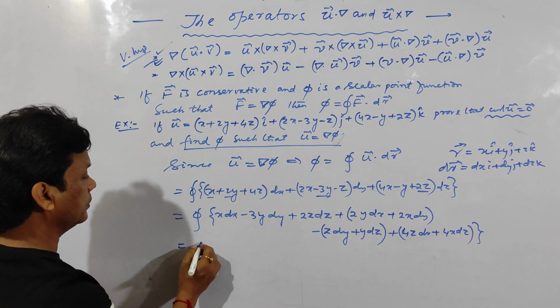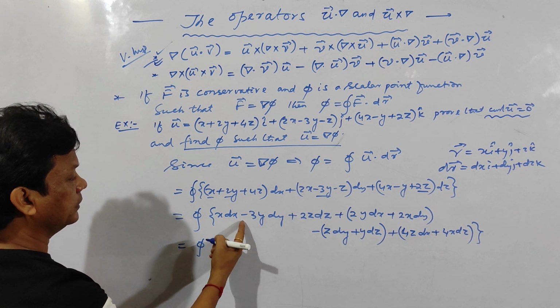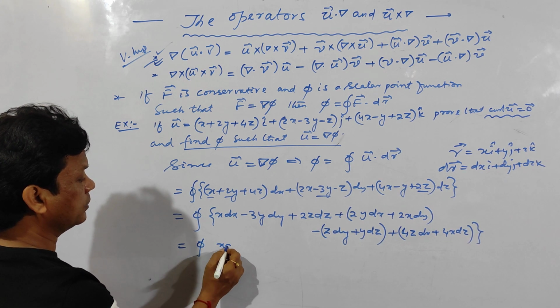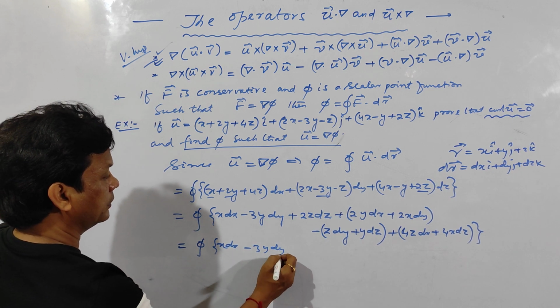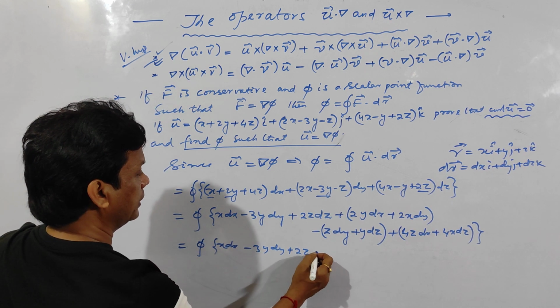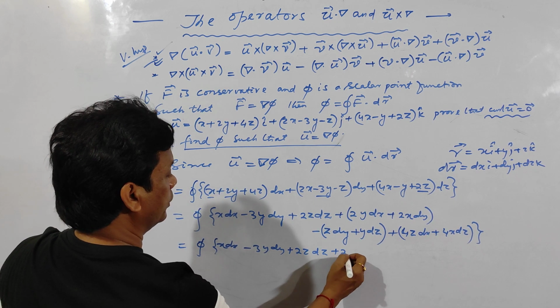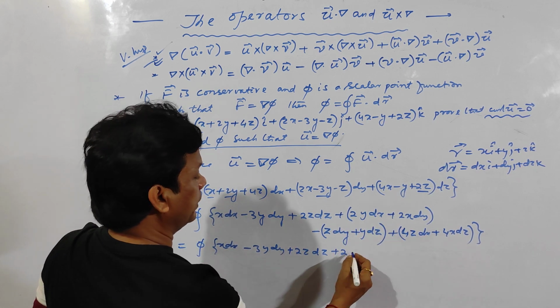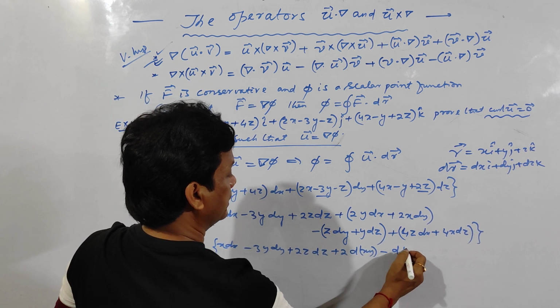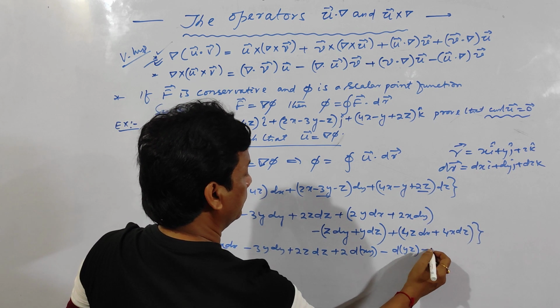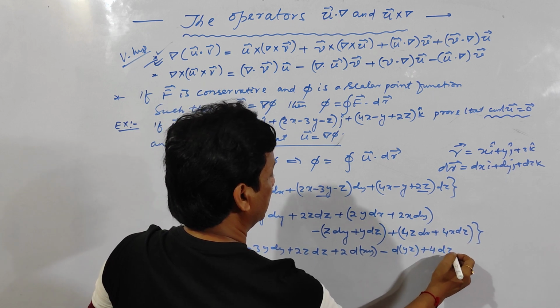So see here, for this one, x dx minus 3y dy plus 2z dz, take 2 common, it will become y dx plus x dy, derivative of xy, minus derivative of yz, take common 4, with derivative of zx.